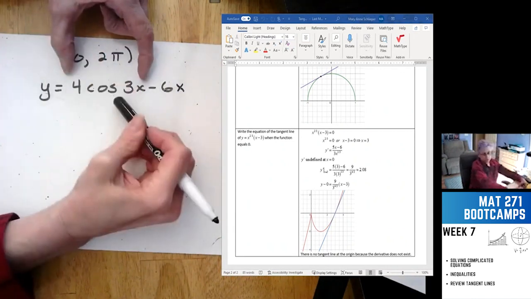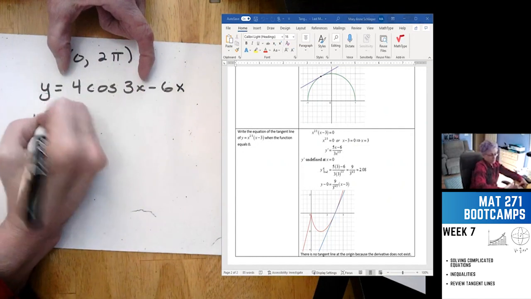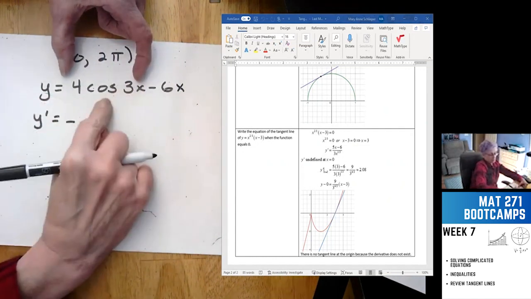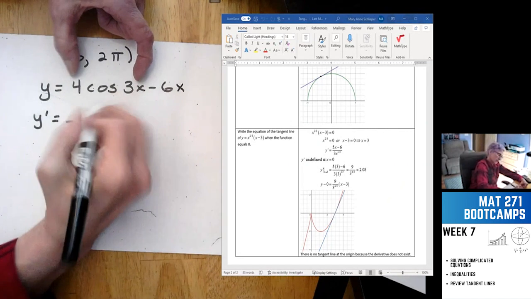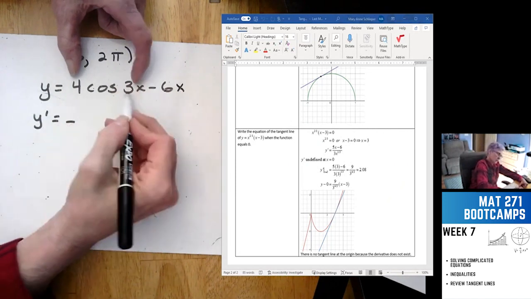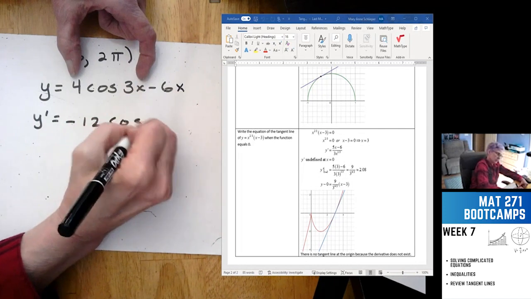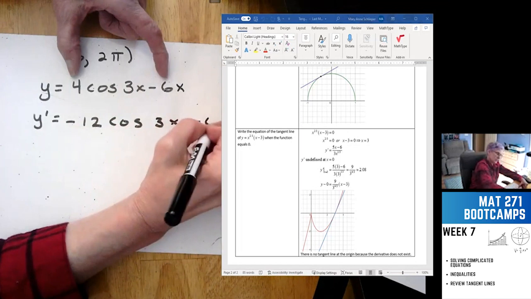Okay, so first off, you're going to take the derivative. So y prime is equal to, the derivative of cosine is negative sine. So it would be negative, and then we have 4 times the derivative of my inside function, which is 3. And then the derivative of 6x is just 6.